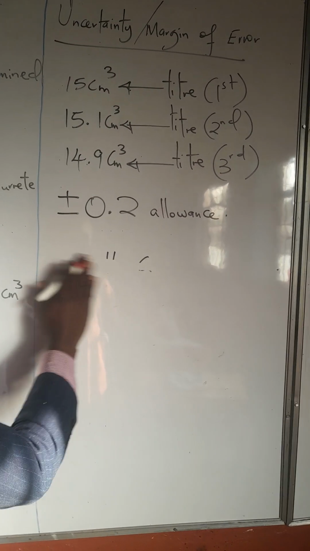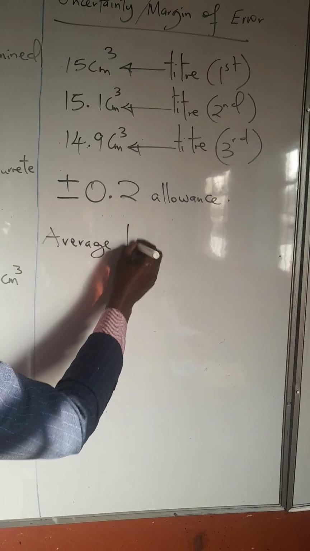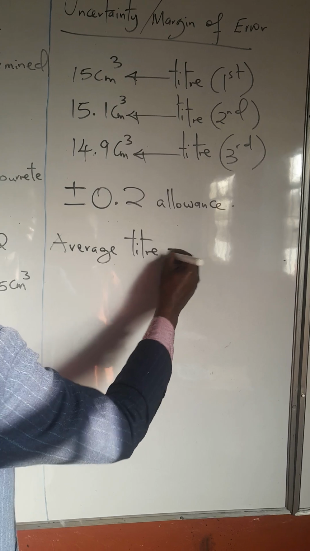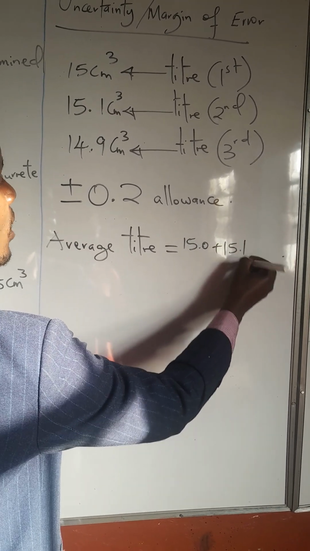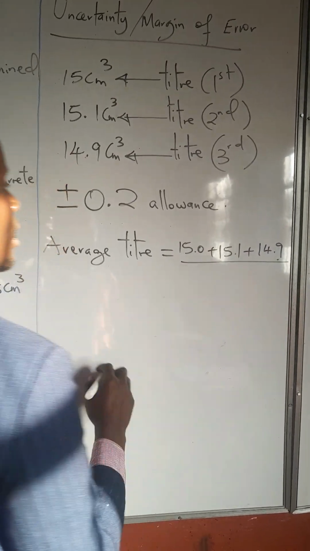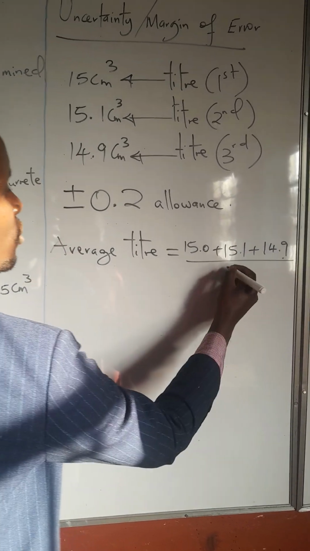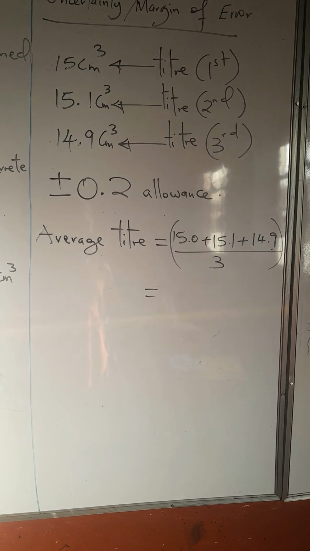You use these values to now calculate what we call average titer, which is 15.0 plus 15.1 plus 14.9. Now, given that there are 3 of them, you divide by 3.